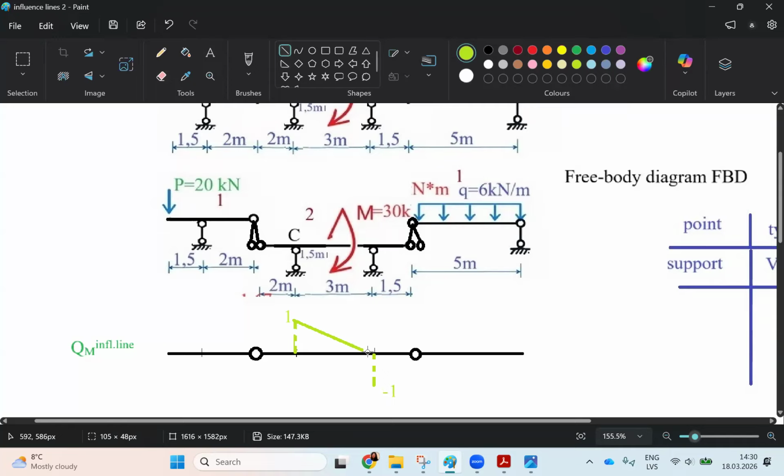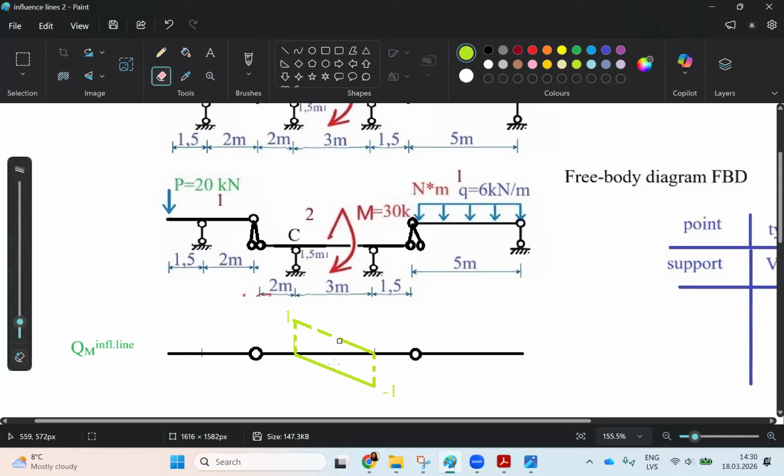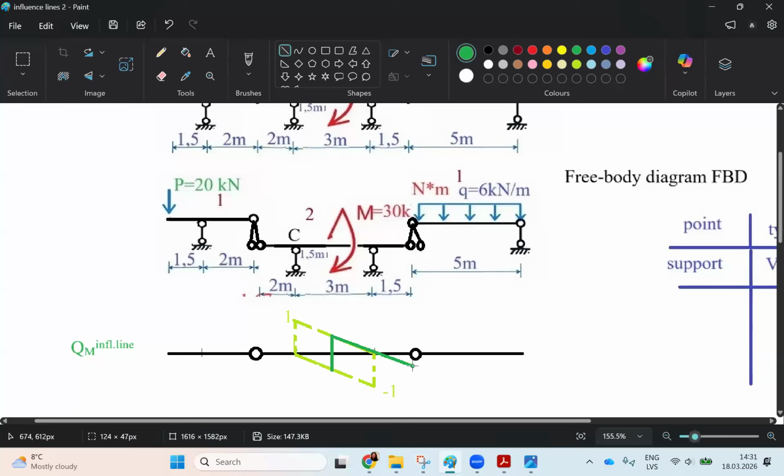Where we cut the section, the triangles that lay close to the beam we draw with a solid line.